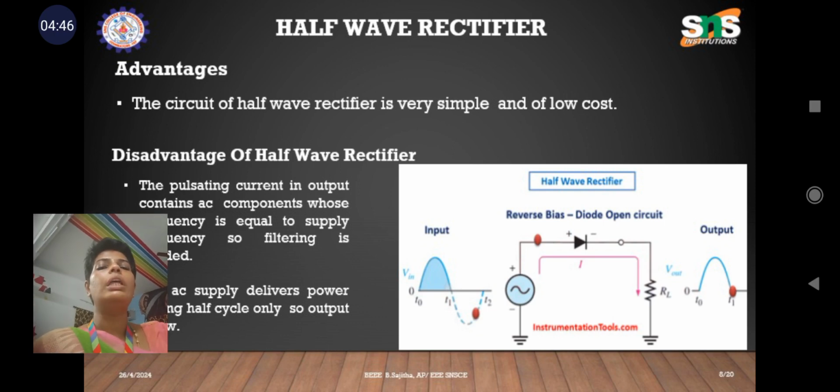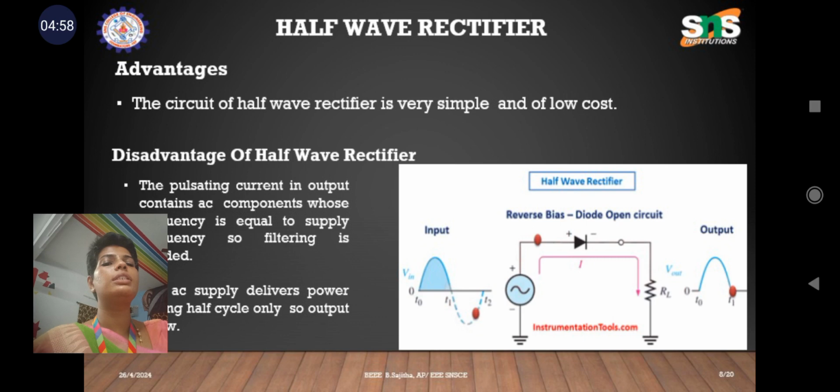Also, the output delivered is very low when compared to the full wave rectifier, since only one half is being rectified in this type of rectifier.